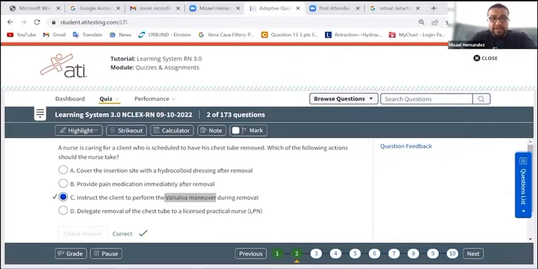So the Valsalva's maneuver activates the parasympathetic nervous system, which lowers BP and heart rate.